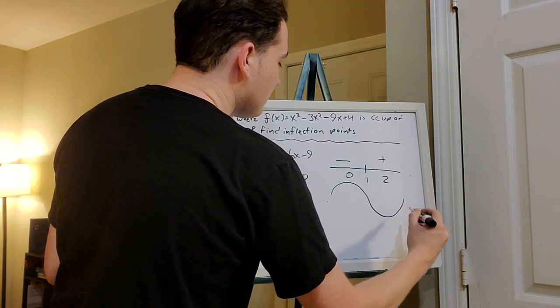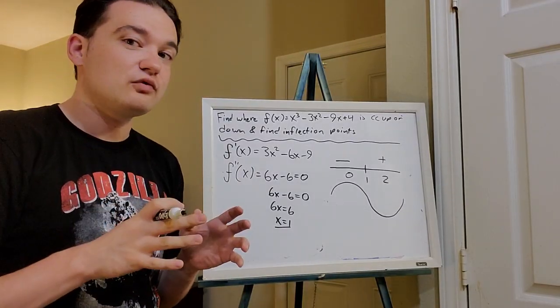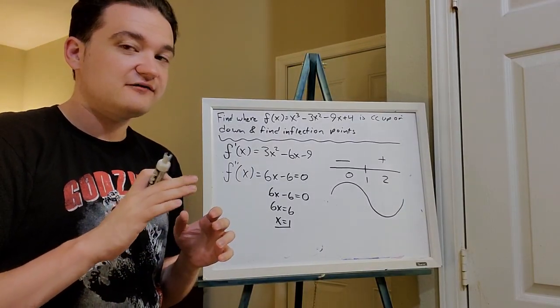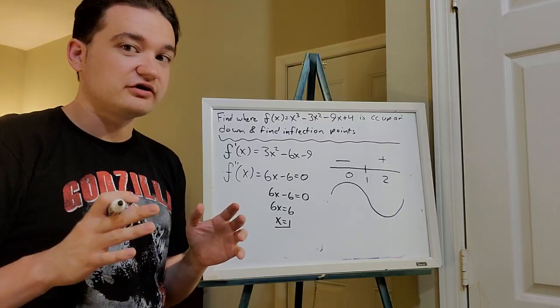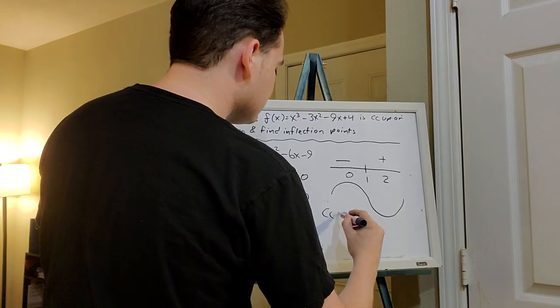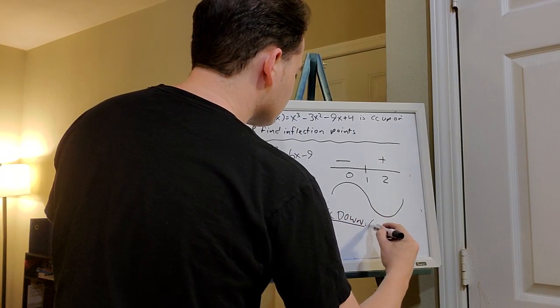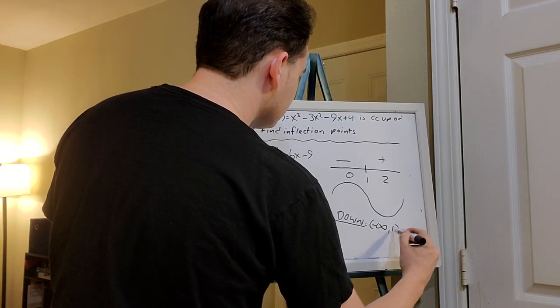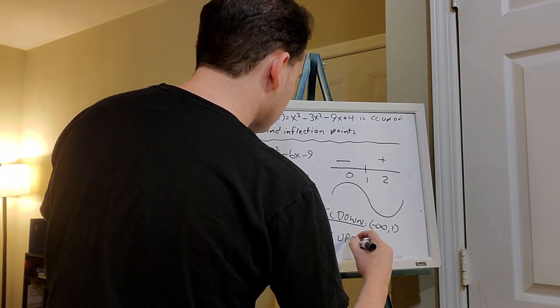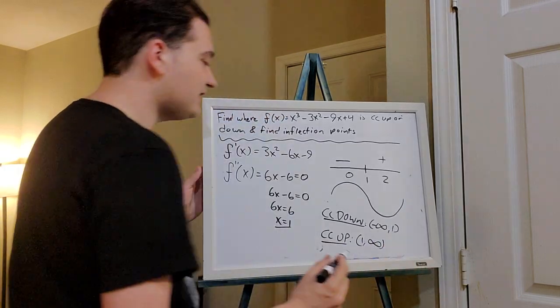Concave up. For all the x values less than 1, we're concave down. For all the x values bigger than 1, we're concave up. So we're concave down from negative infinity to 1. We're concave up from 1 to positive infinity.